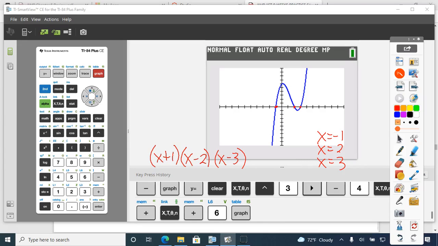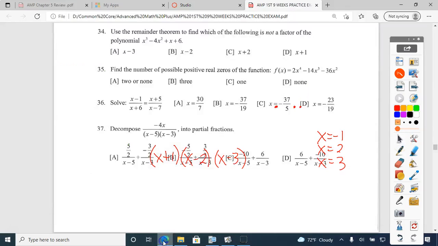So let's go and figure out which one is not the answer here. So x plus 1, that is a factor. X minus 2 is a factor, and x minus 3 is a factor. So C, x plus 2 is not a factor. Okay, that's how you do that.